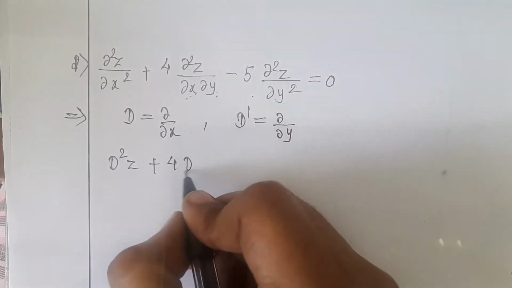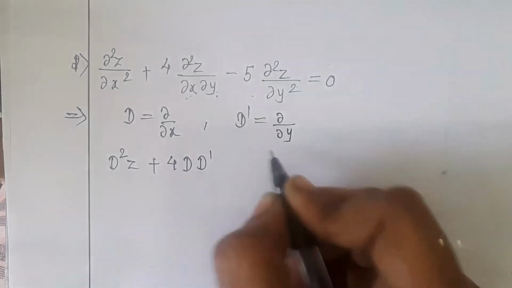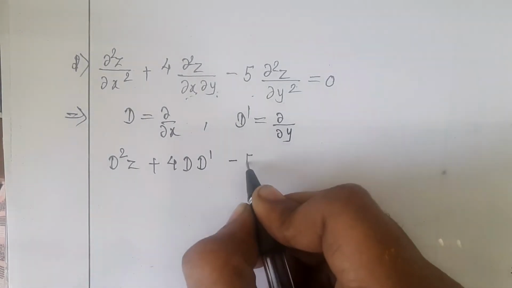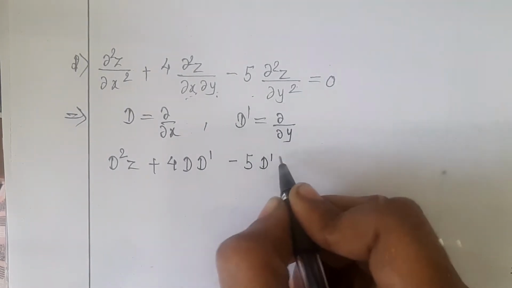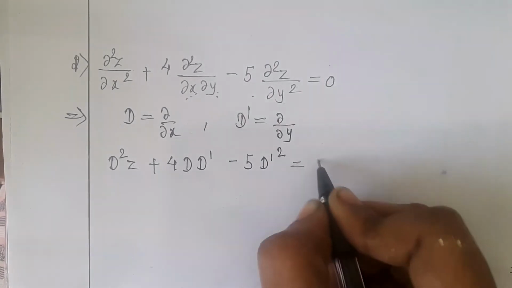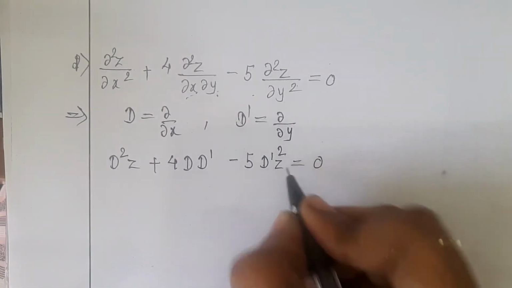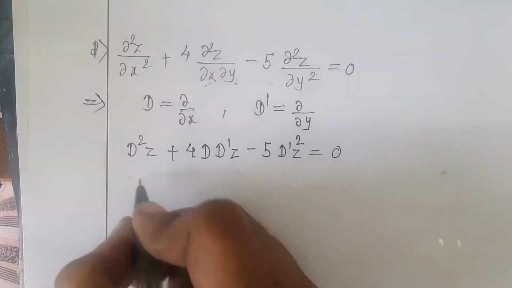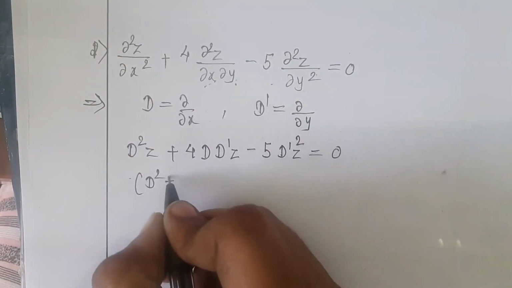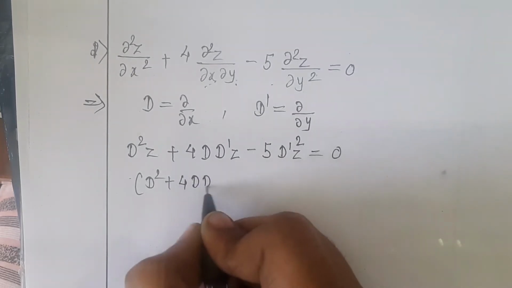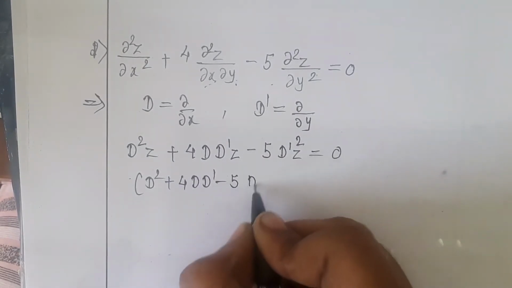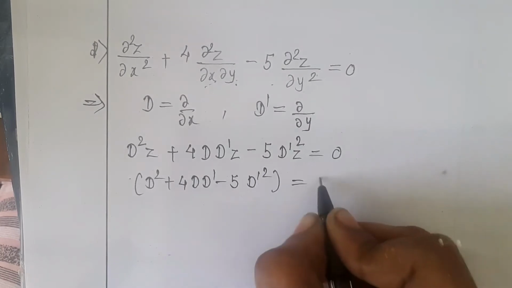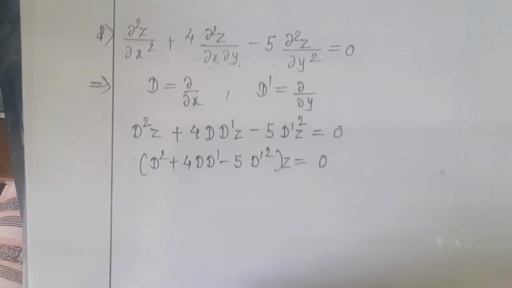So 4d d dash minus 5 times d dash square is equal to 0, and every term has the dependent variable z. So taking z common, it becomes d square plus 4d d dash minus 5d dash square, multiplied by z, is equal to 0.